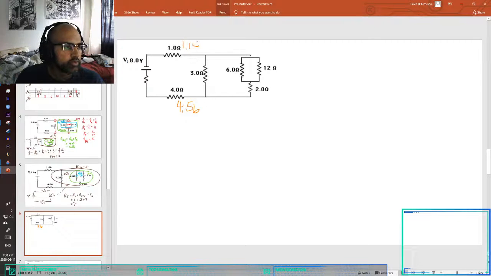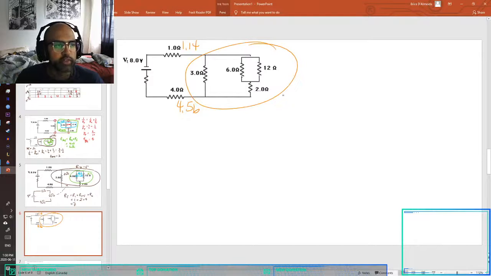This is 1.14. So how much voltage is remaining for the rest of the circuit? If both of these take 1.14 and 4.56, remember this is in series with all of this combined circuit.